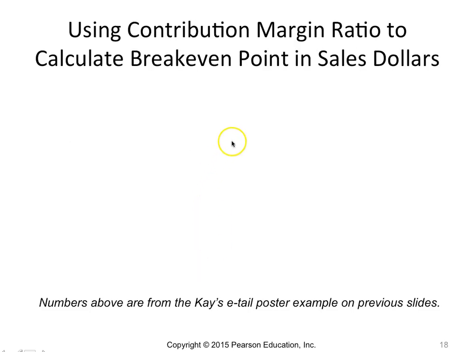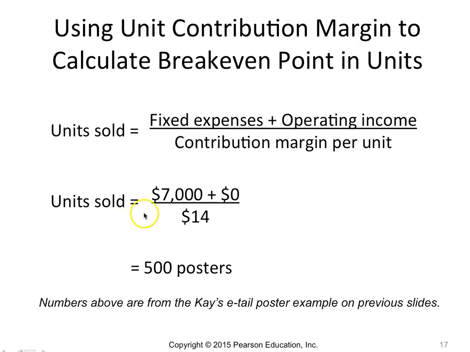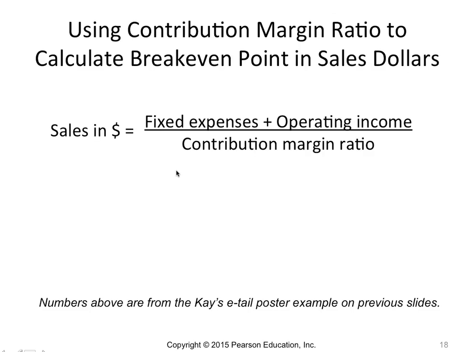Now we can use the contribution margin to calculate break-even point in sales dollars. The formula we're using here is fixed expenses plus operating income divided by contribution margin ratio, and then we get the total sales. You can find out how we get to this formula.